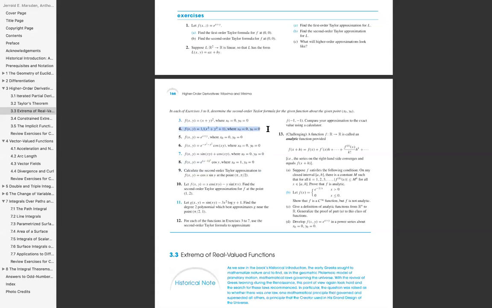So basically you just need to do number 4 and number 6. You already did that in the previous question to obtain the Taylor's formula. And for number 12, you just use it to approximate the point f of -1, -1. Okay, thank you.